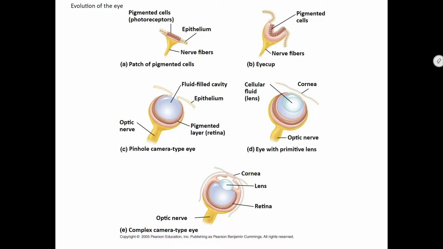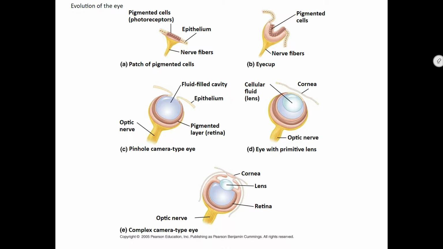Darwin looked at this in his book, and so this starts out with the idea of an eye, and the eye is basically a collection of cells that can sense light. Well, the simplest kinds of eyes were just that. They were patches of cells, and some organisms still have these.